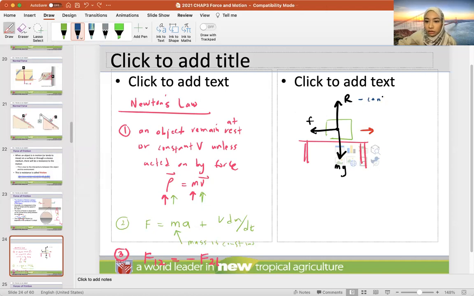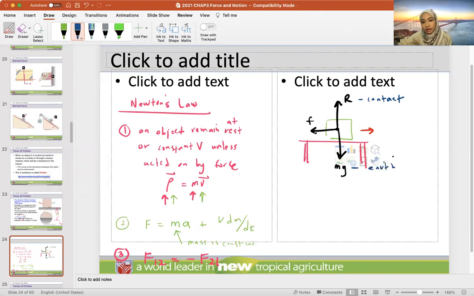So it needs to be in contact with something. Kena ada contact. What about mg? What is the condition for this guy? Apa condition untuk korang ada weight? Kena dekat earth. Yes, you have to be on earth.